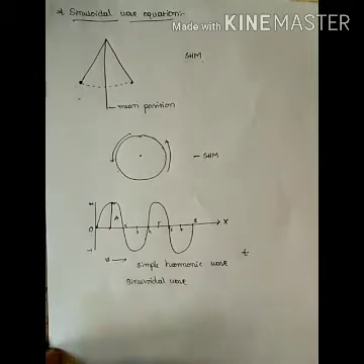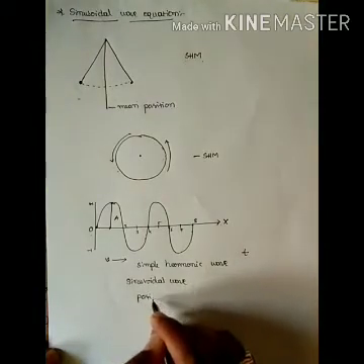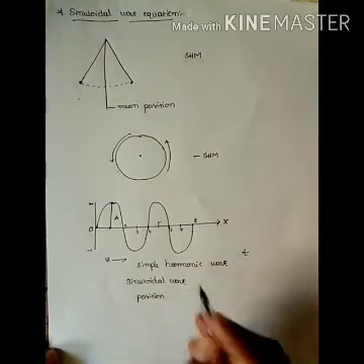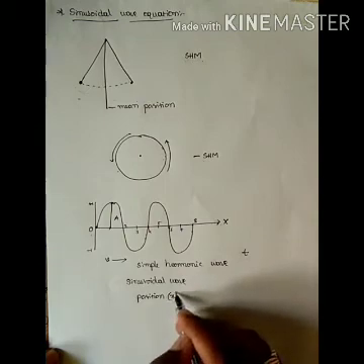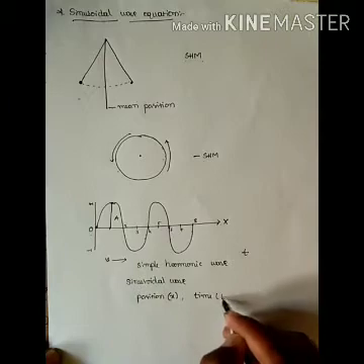The amplitude of the wave is a function of position, that is x, and time t.